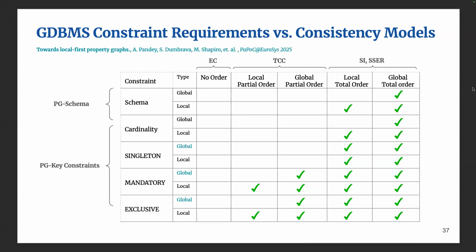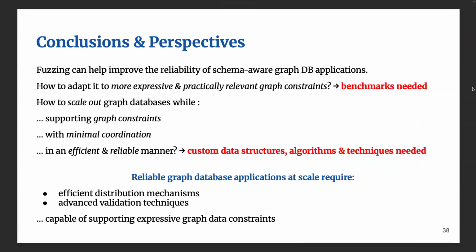And I would like to really stress that benchmarks are needed, because I was really surprised that I couldn't find any interesting applications that are open source and that leverage this schema information in a non-trivial way. If any people working in industry do have such applications and would want to extract a micro benchmark, it would be really helpful.